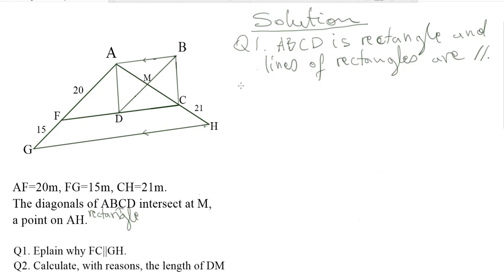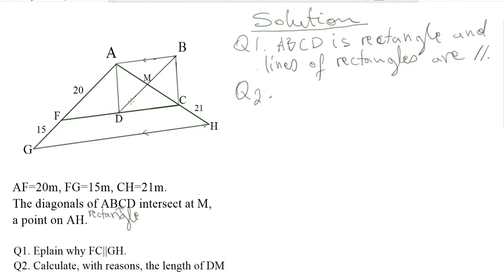So now, question number 2, and that question is 1 mark. We have a question where they say calculate, with a reason, the length of DM, meaning that we have to calculate this distance, okay?